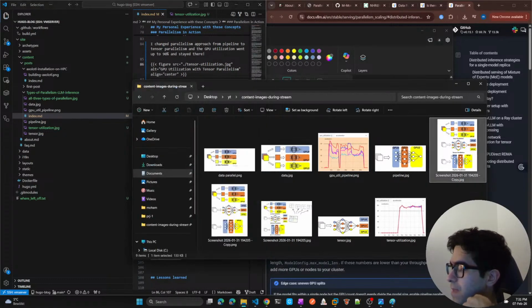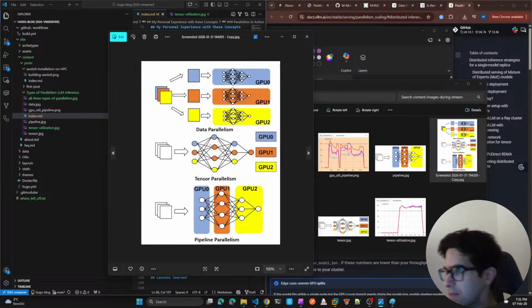So basically you are breaking the model both by the layers, which is pipeline parallelism, and also with tensor parallelism, where you are breaking the matrices. So the question is, do you first break the layers and put these layers onto separate nodes and then break the matrices for each of those sets of layers within the node, or do you break the matrices first?